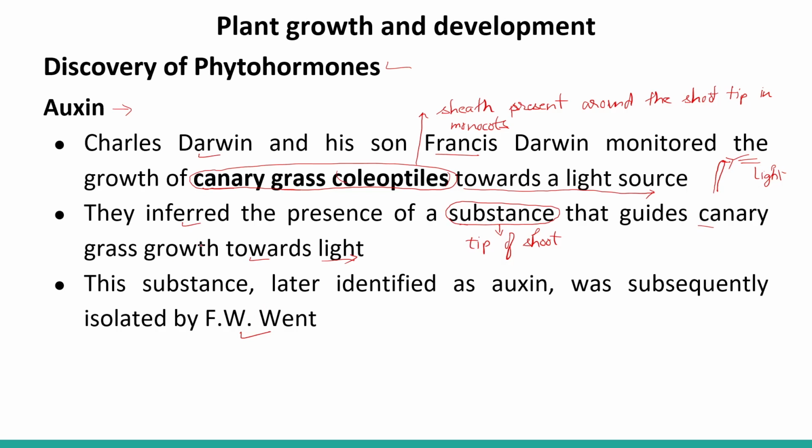Later F.W. Went discovered and identified that substance as auxin. So auxin was involved in the movement of the canary grass coleoptile towards the light source. Initially, Darwin and his son said there is a chemical or a signal present.